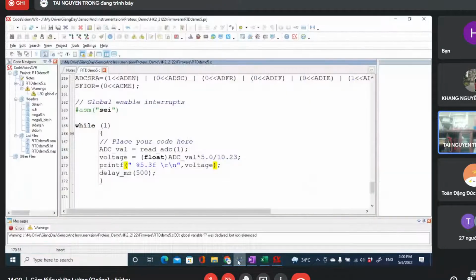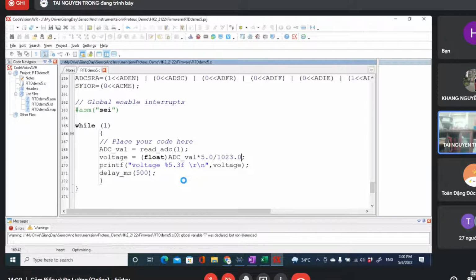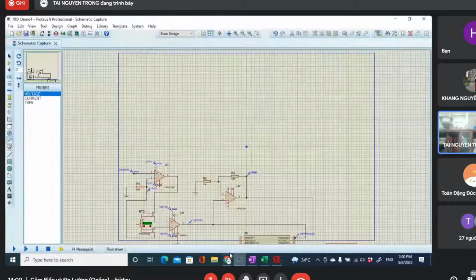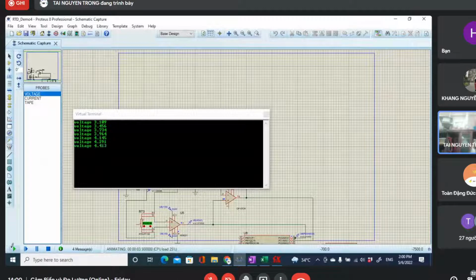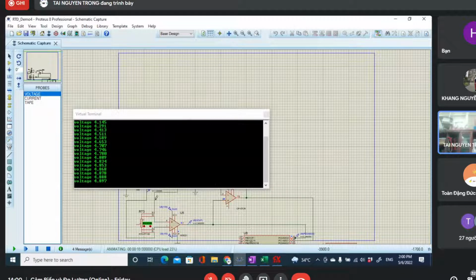Why we push? Turn again. Okay. And then this is the value of voltage that we can reach from the IDC. We can take a calculation again, and we can check this.